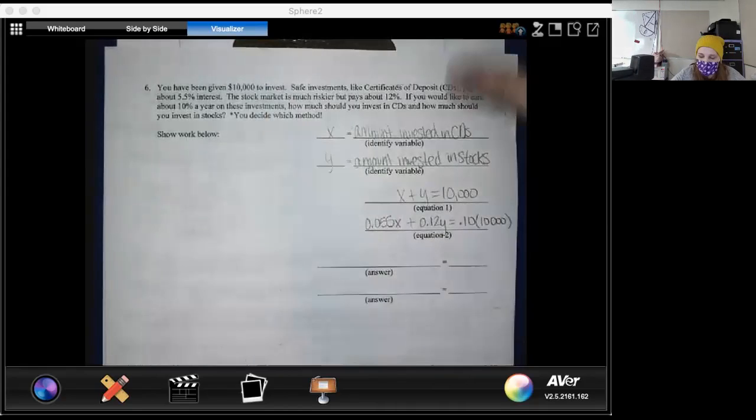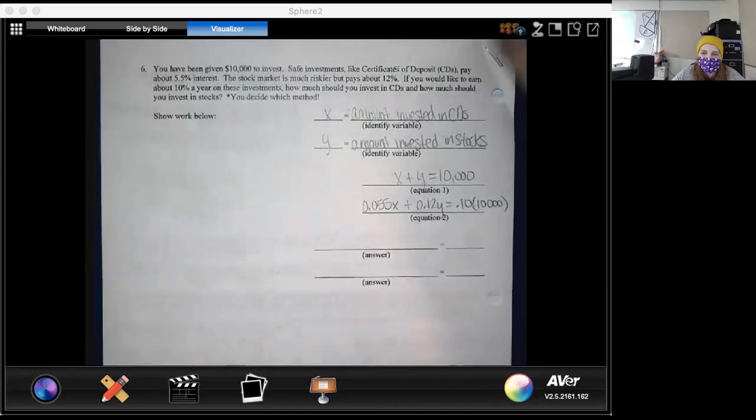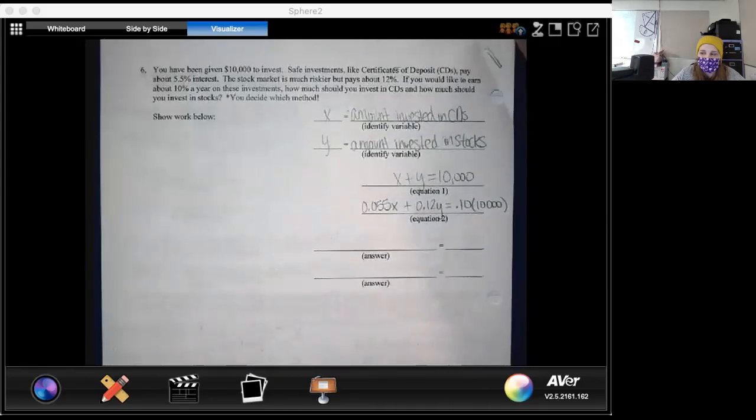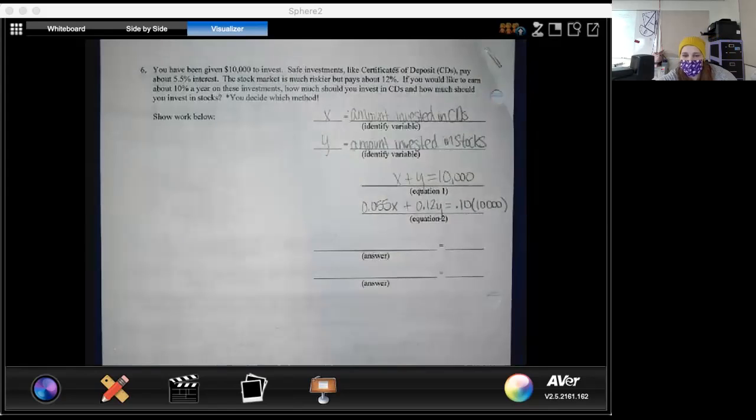If you are struggling, please ask questions, or send me pictures of what you're doing so I can help you find the errors. Be careful about your decimals in this problem. If you forget to do the correct decimal, it'll mess up your numbers. Because we're dealing with money in this problem, go ahead and round to the nearest cent, meaning the hundredths place.